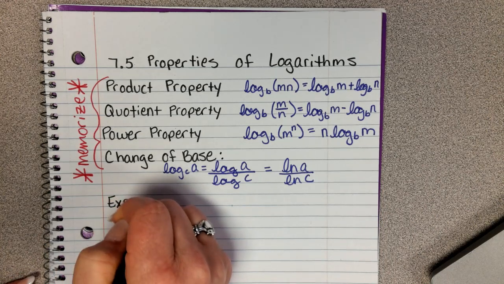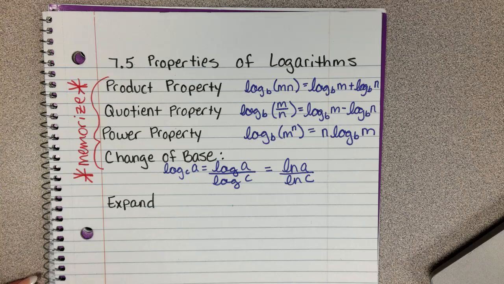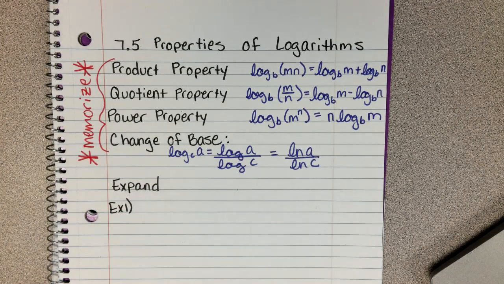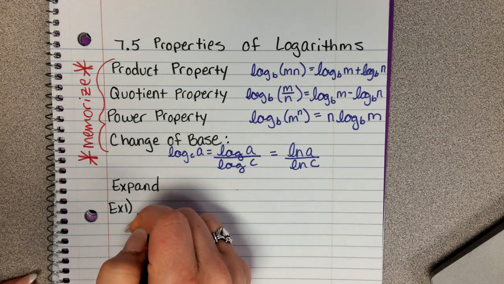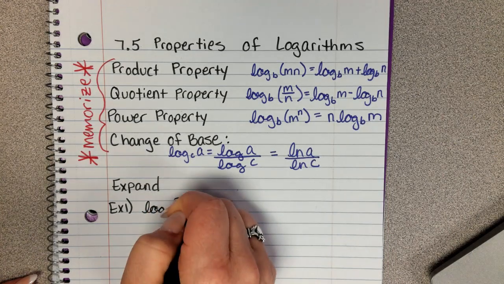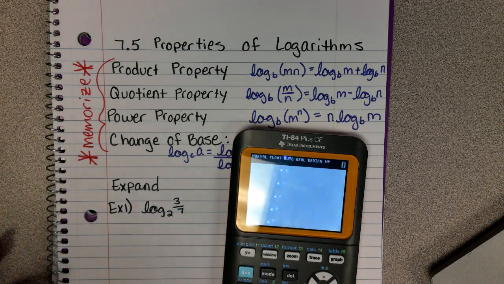So first, let's expand these logarithms. Example one. Let's start with something really easy to see. Let's talk about log base 2 of 3 divided by 7. Let's look at the value of that.